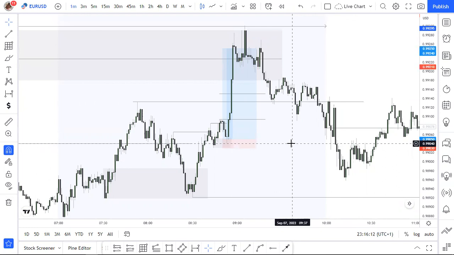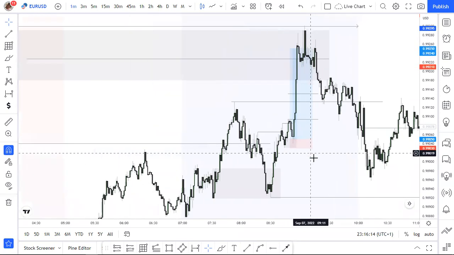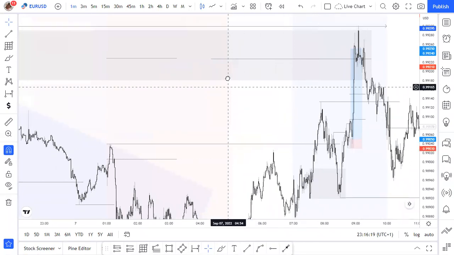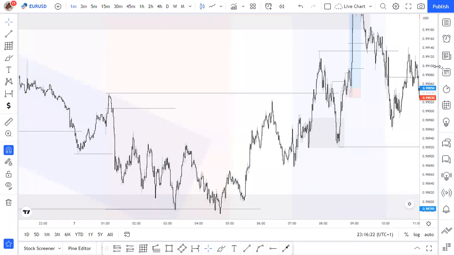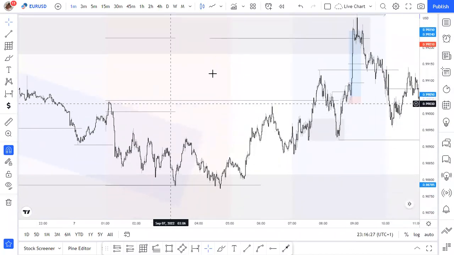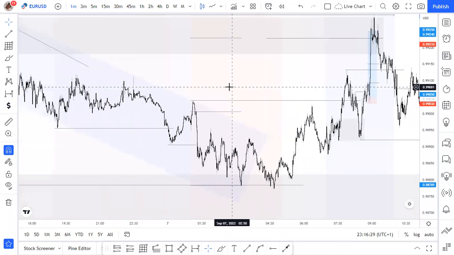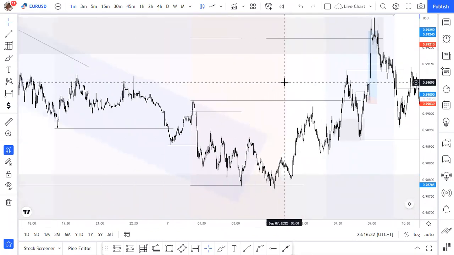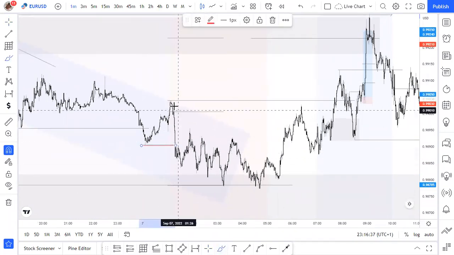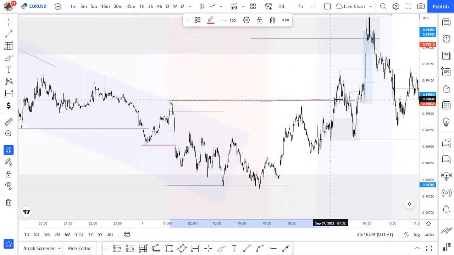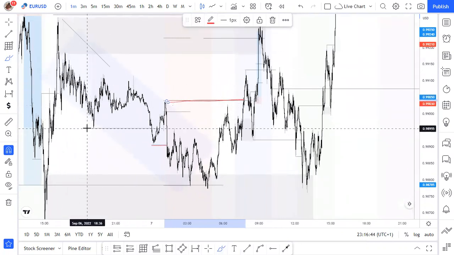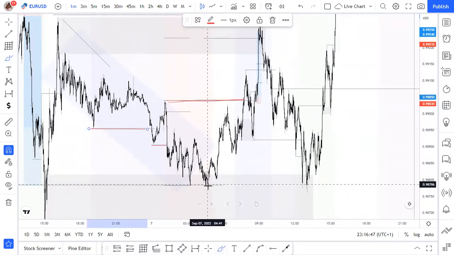So this was a trade I took last Wednesday, London session. I was looking at this as some kind of break in market structure on the 15-minute time frame, in the sense that we have some kind of bearish market structure pushing down.